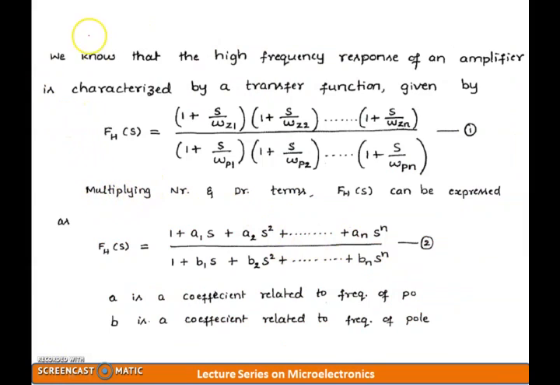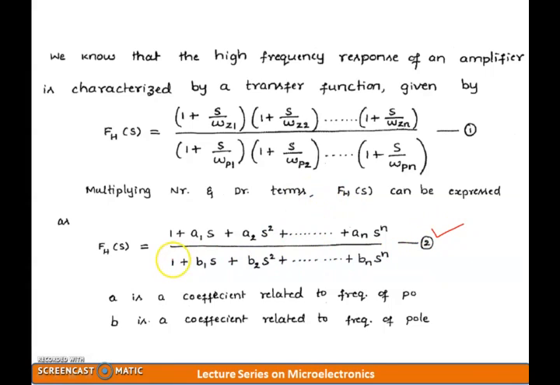So, we know that the high frequency response of an amplifier is characterized by a transfer function given by equation 1, that is fH of s is equal to (1 plus s by omega z, and so on) upon (1 plus s by omega p1), wherein we have the zeros and poles being represented accordingly. Now let's try to multiply the numerator and denominator. So fH of s can be expressed as can be seen in figure 2.